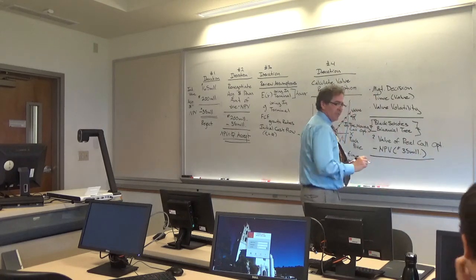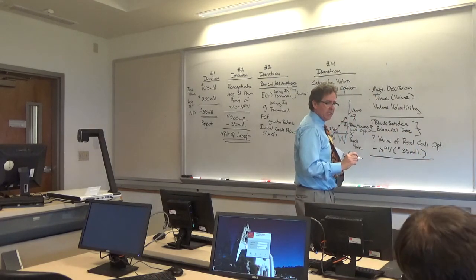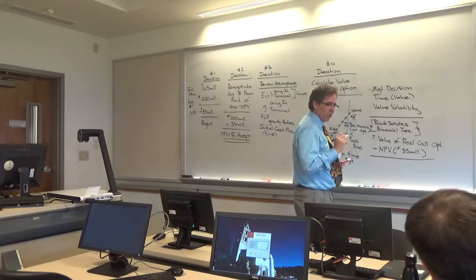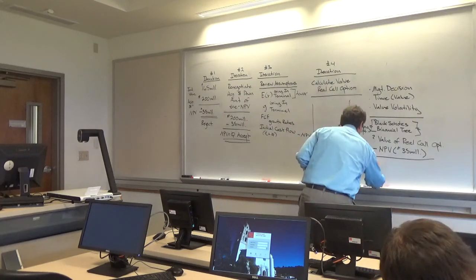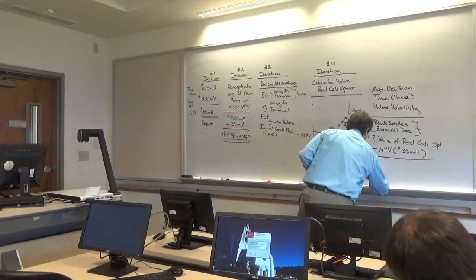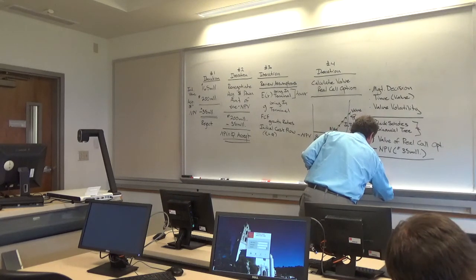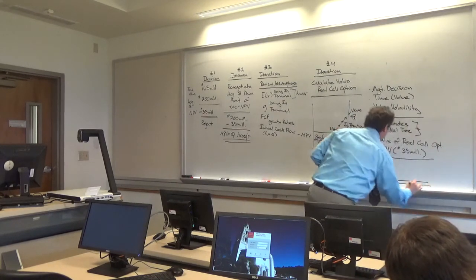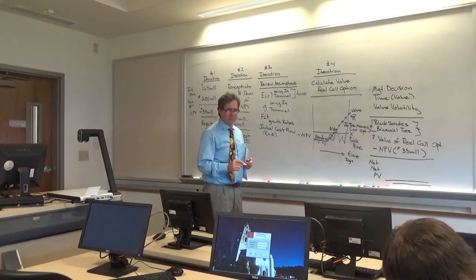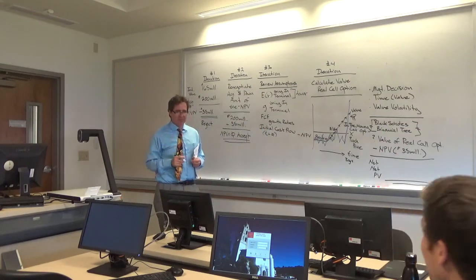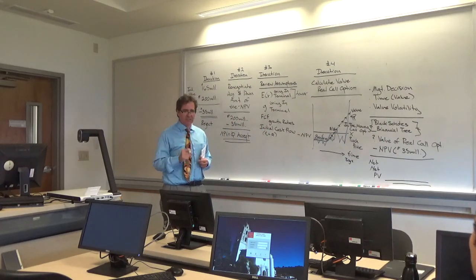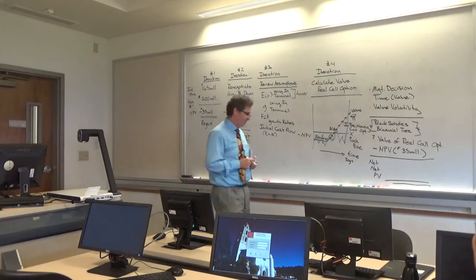What do we need to get this project to work on a net present value basis? What does our net present value need to be to accept this project? 0. Got it.